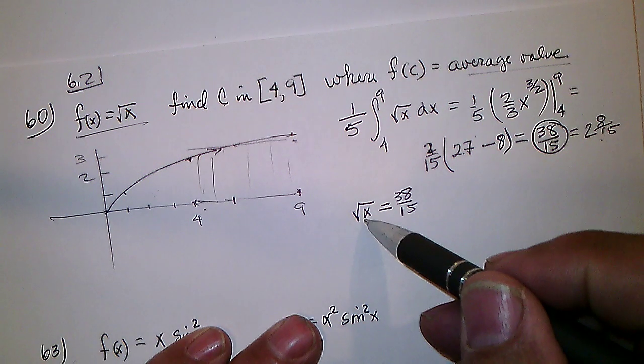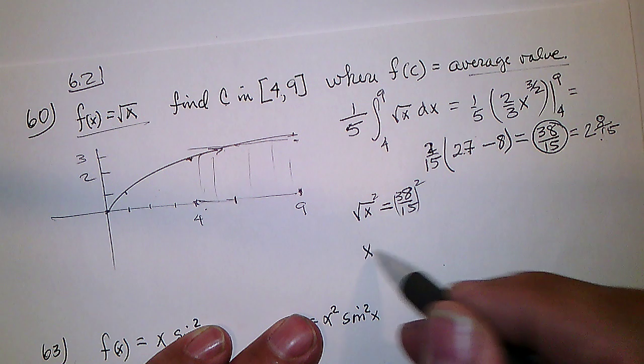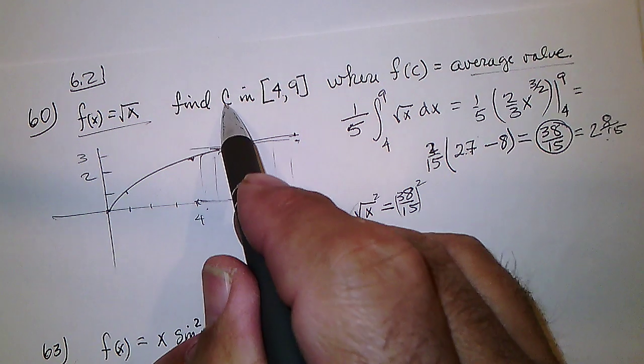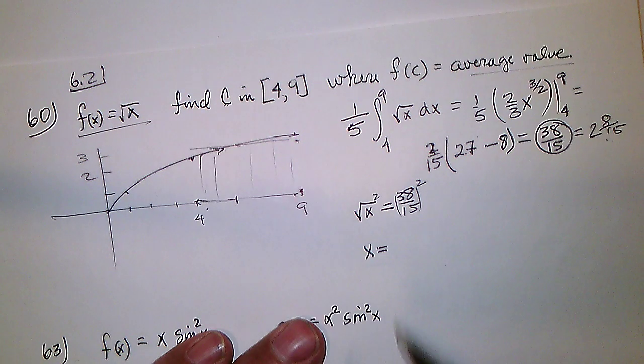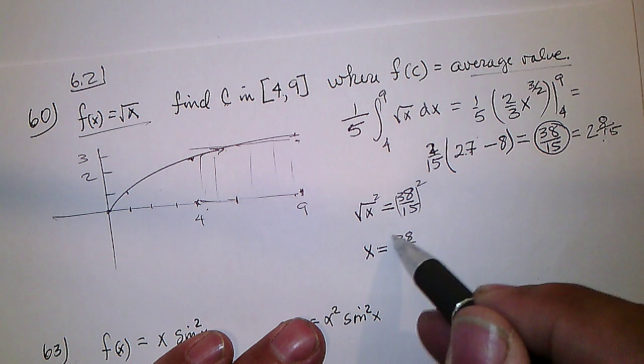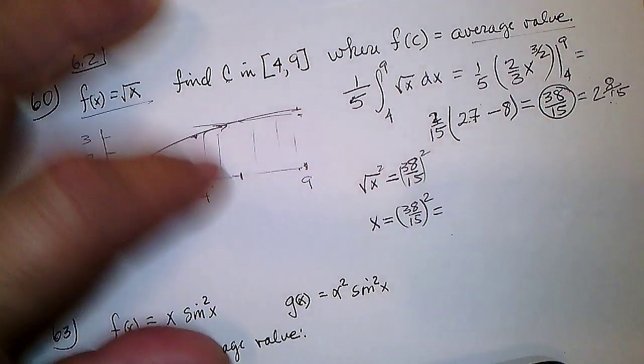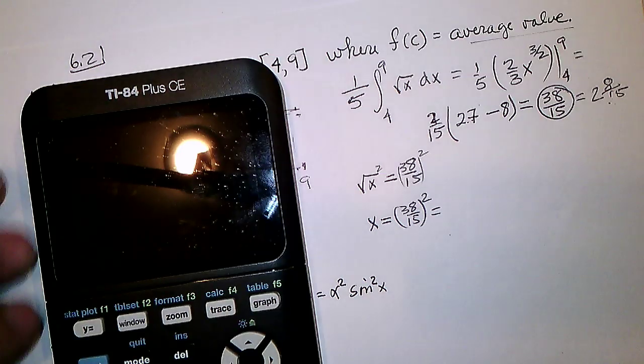So we would square both sides to find that x, the c that's in here, and it should be 38/15 squared. Let's see what that is. It should be a number between 4 and 9 that has that height. Let's see if we find that.